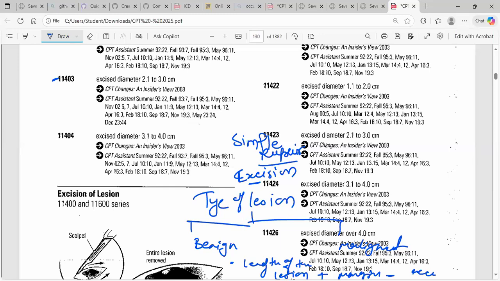Try to solve that. Here the patient is coming for the excision of the malignant lesion. It's 3:13. We will discuss this question at 3:15.